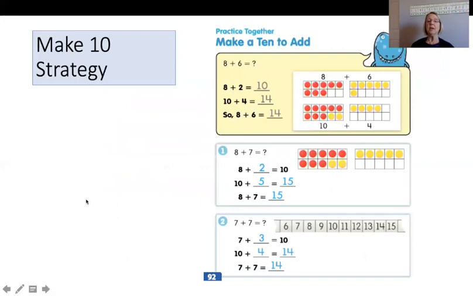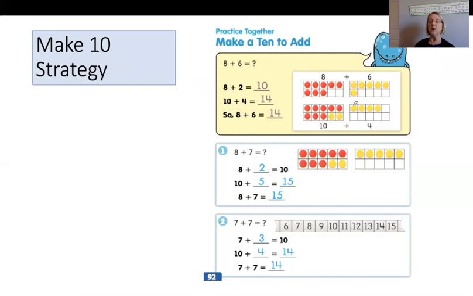All right, here is making a 10 to add. All right, so what we did was we had 8 here, 8 plus 6, and 6 here. Okay, so let's make a 10 by moving 2 of the yellow dots over to the 10 frame. So now we have 1, 2, 3, 4, 5, 6, 7, 8, 9, 10, and some more.